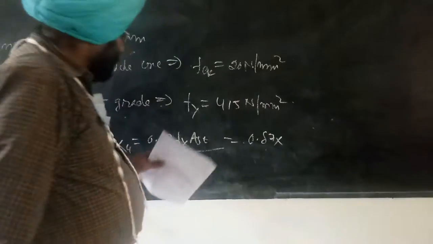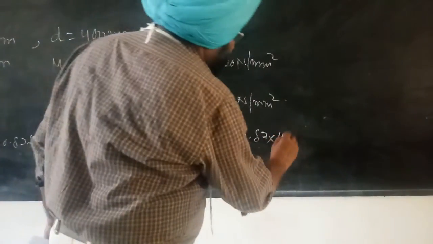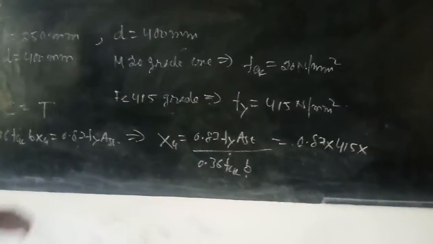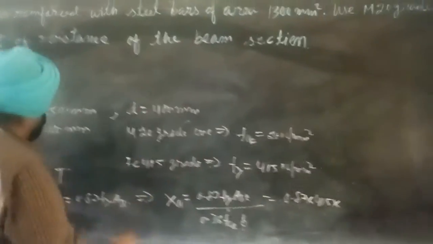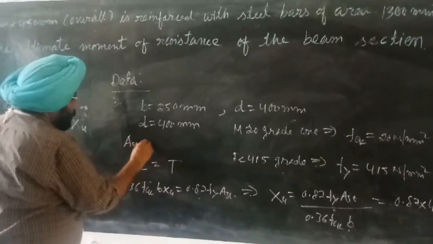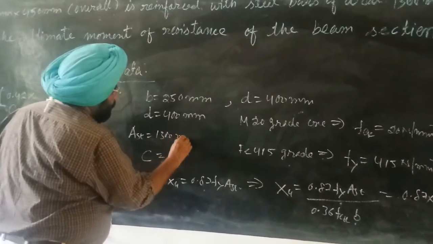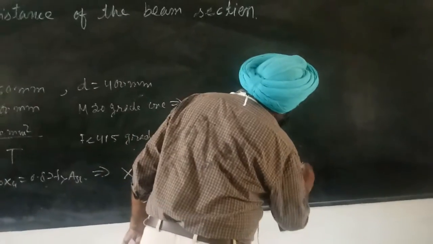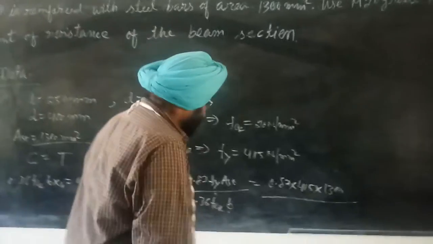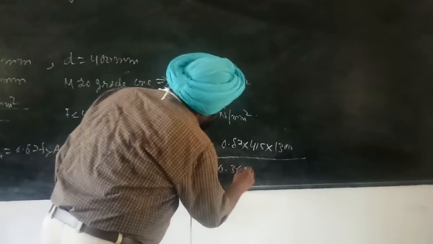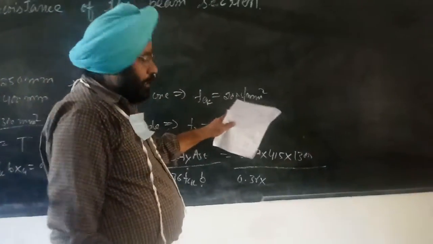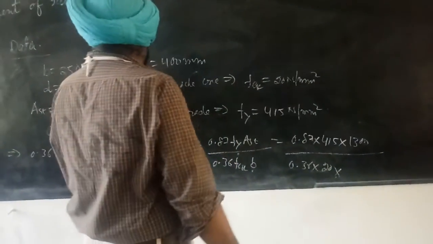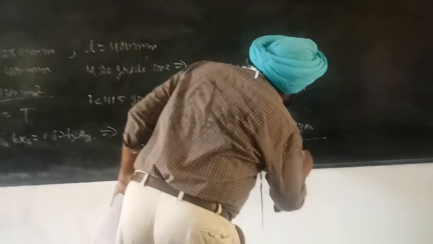Putting all these values in the equation, we get 0.87 times the yield stress of steel 415, times A_st, the cross-section area of the steel, which is given to us as 1300 square millimeter, divided by 0.36 f_ck, the characteristic compressive strength of concrete 20, into the width of the beam section, 250 mm.